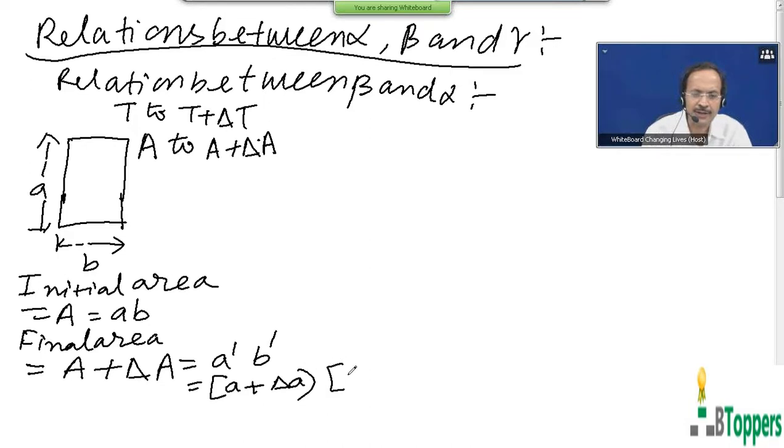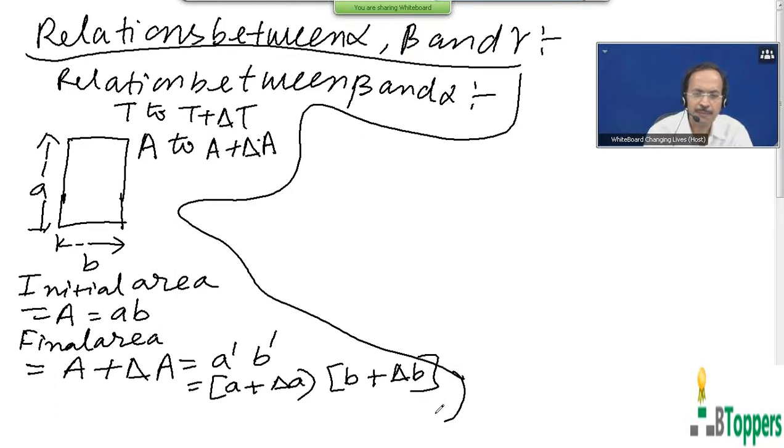Final value of breadth b dash you can write as initial value of the breadth b plus increase in the breadth, delta b. Now, as I told you, when a regular uniform solid is heated uniformly, the increase in the length is alpha into original length into increase in the temperature.